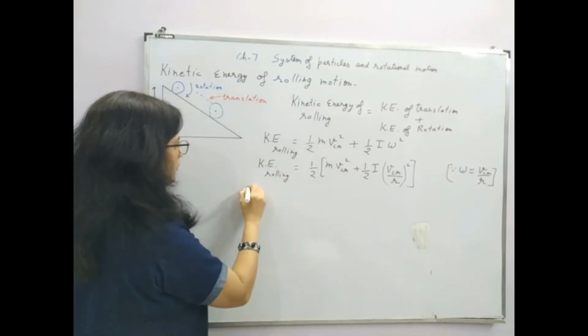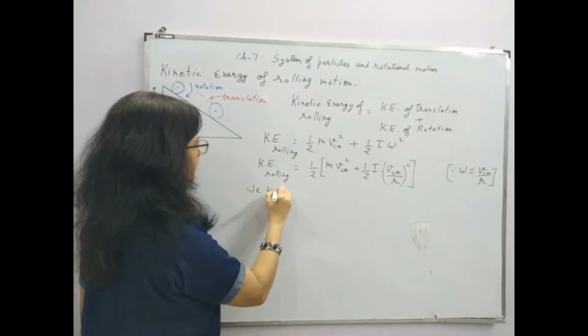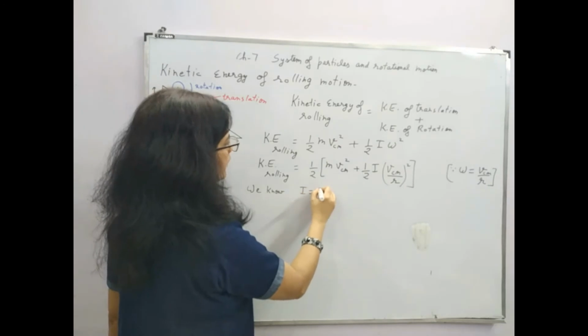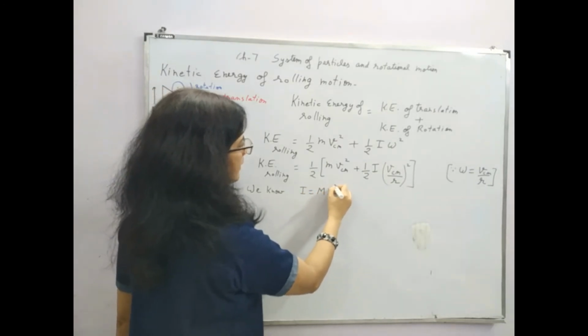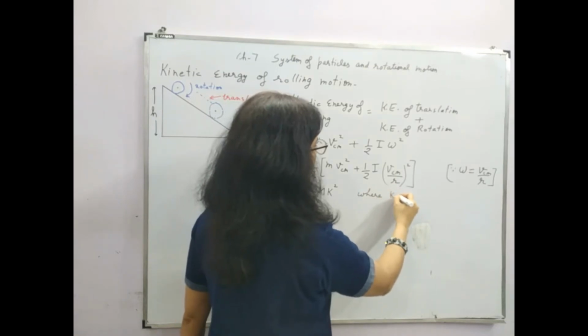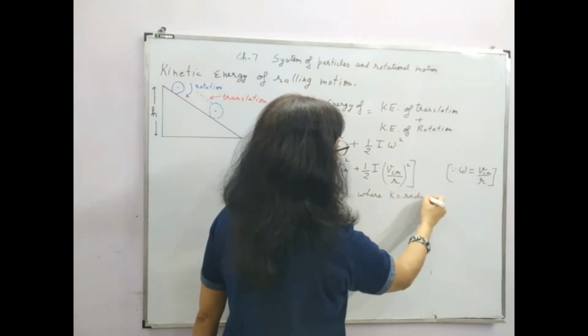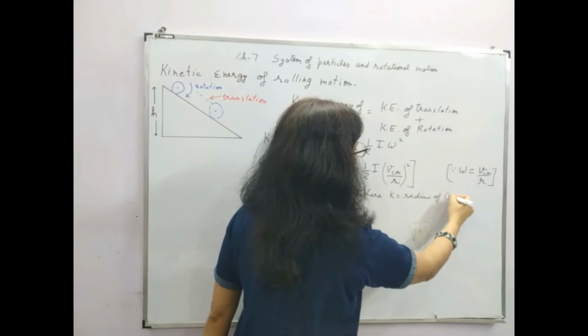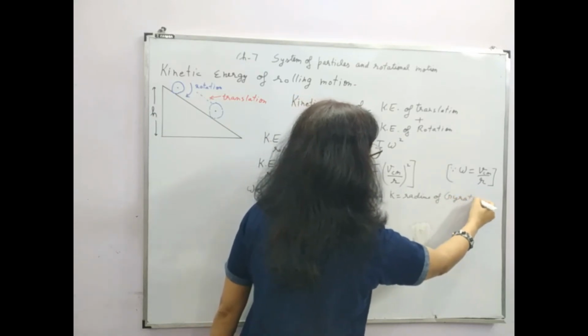We also know that I is equal to mk square, where k is the radius of gyration.